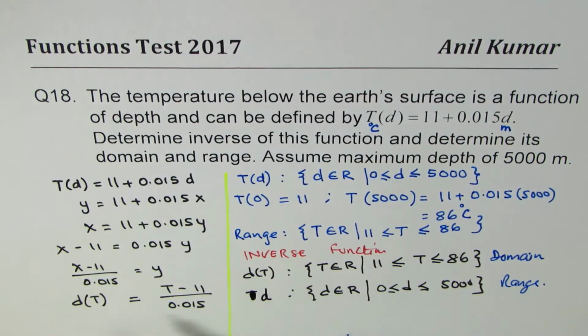That is the output, d of t. As far as the domain is concerned, it is the values which temperature can take. And for the inverse function, the values which the distance or depth can take from the surface of the earth become the range in this particular case.